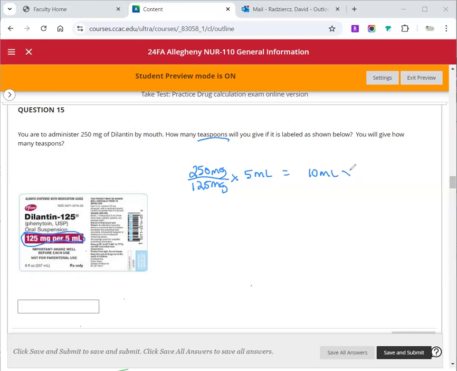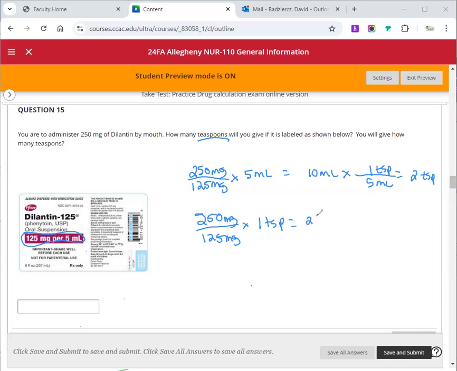But I'm going to show you an easier way to do this that just involves not doing this extra conversion. You already know that 5 ml is equal to 1 teaspoon. So just substitute that. So if I'm solving this, I'm just going to do 250 mg, my order over available, times my quantity, but this time in teaspoons.